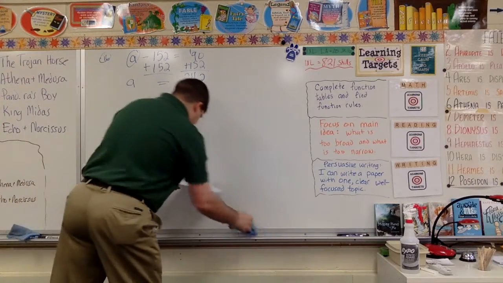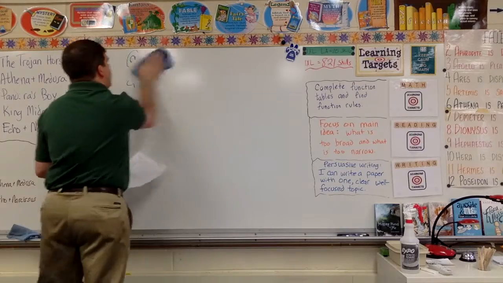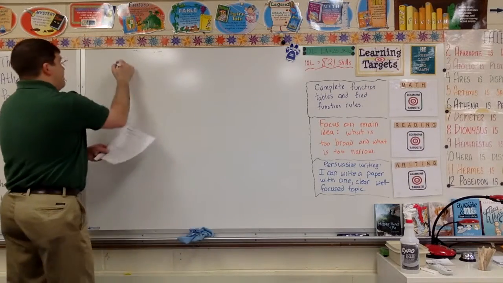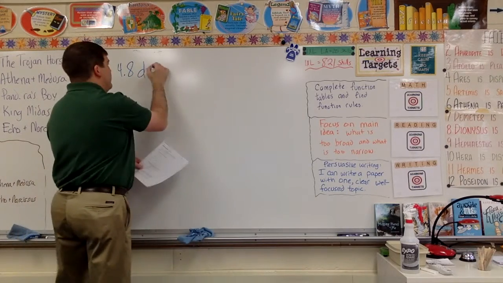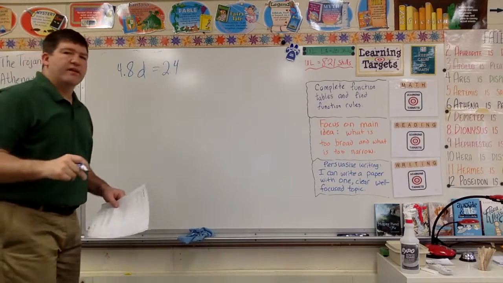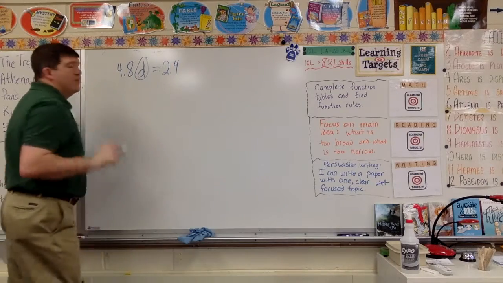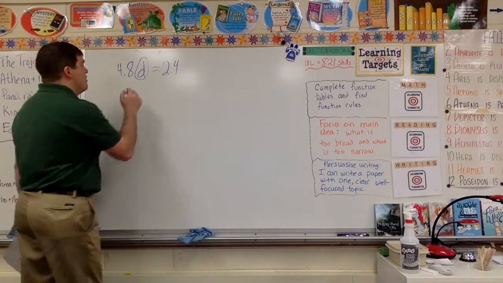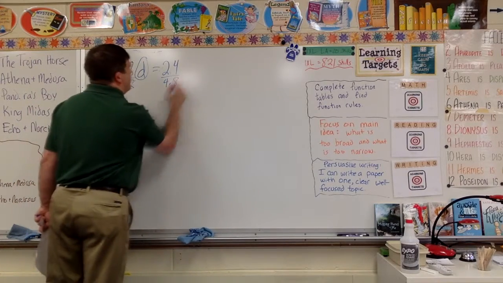Let's do number 17. Seventeen says 4.8 times D equals 2.4. I feel like a lot of people had a difficult time with this one. What's happening? I want to get D all by himself. What's happening to D? D is being multiplied by 4.8, so I'm going to divide each side by 4.8.